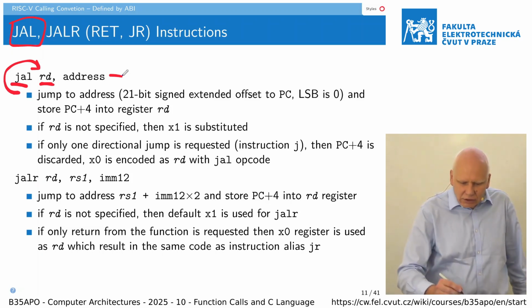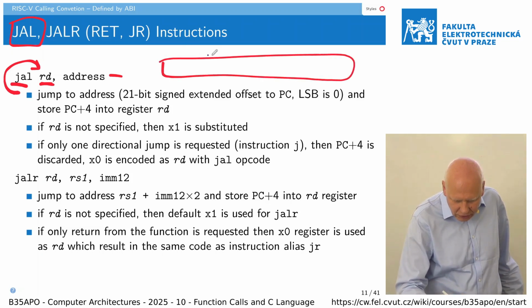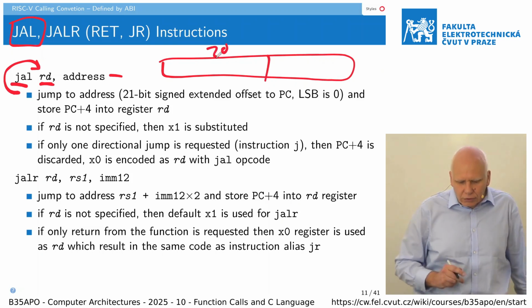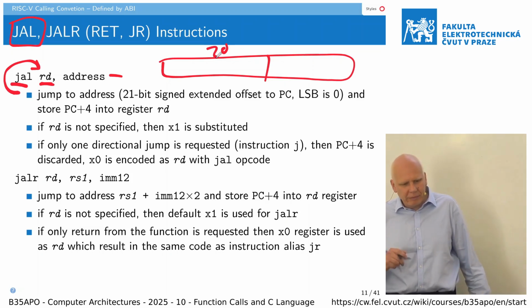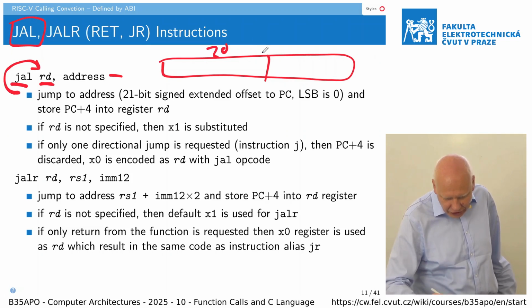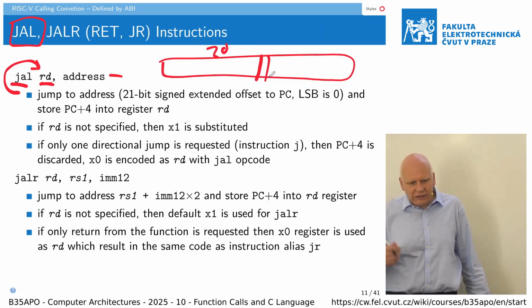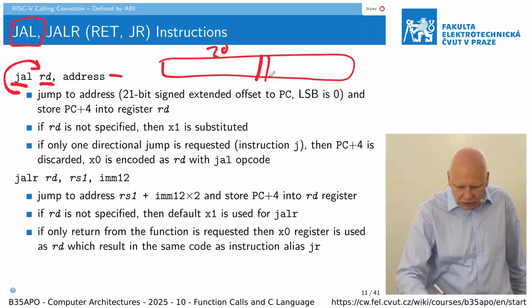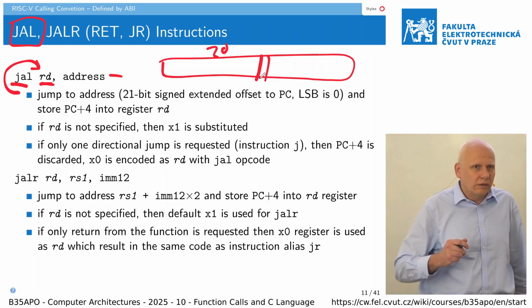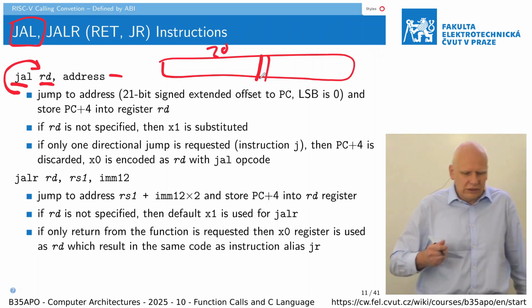That address is stored in this part of the instruction, in those top 20 bits which are used for the jump immediate operand. But there is some change in the encoding, that the bit which corresponds to the least significant bit of the address is in fact not useful, because we require that all instructions start on an even address.